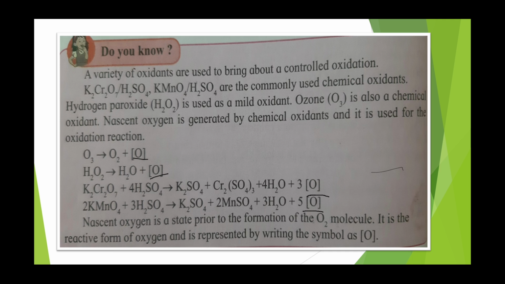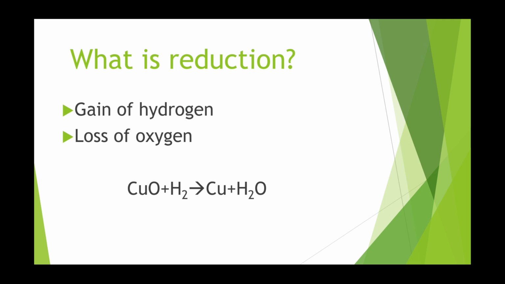Okay. Now about the reduction. What is reduction? Reduction is the chemical reaction in which there is either gain of hydrogen or a loss of oxygen. Here we have taken an example where copper oxide reacts with hydrogen. The ultimate products which we get are copper and water.